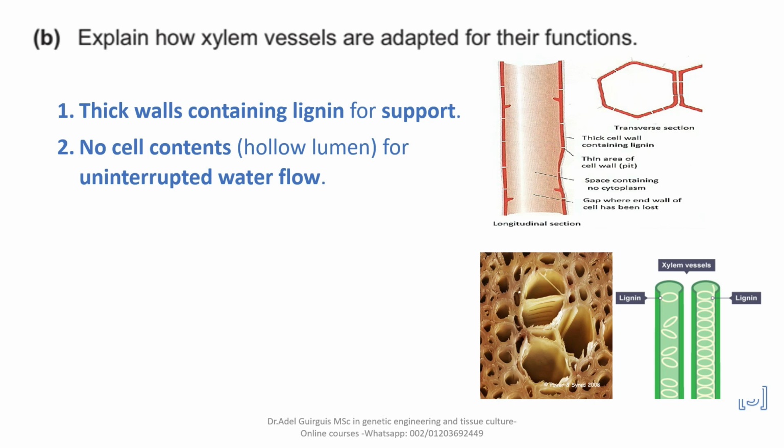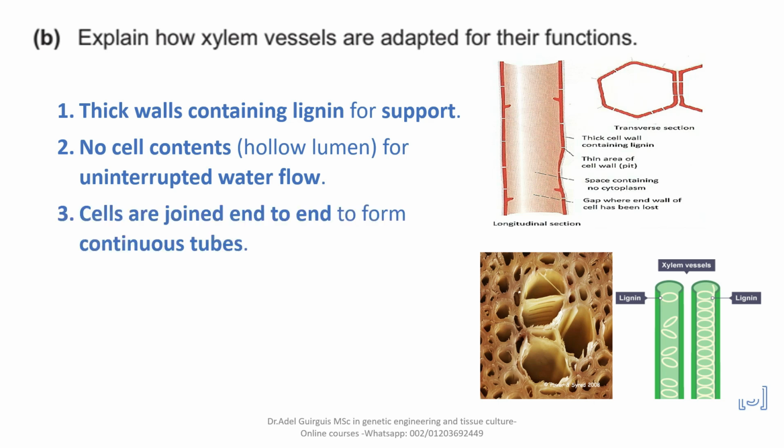At an early stage the xylem cells were living, but later on, to be adapted for transport, it must be hollow. So no cell contents, I mean hollow lumen, for uninterrupted water flow.